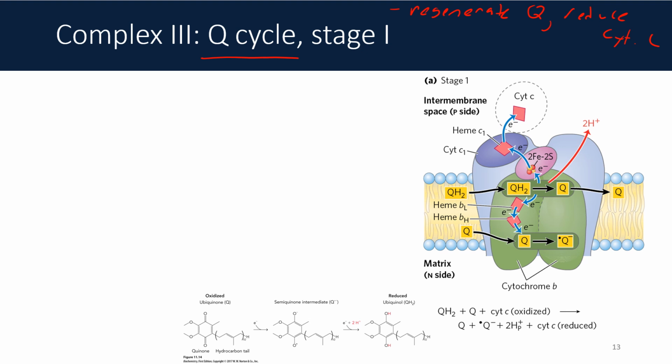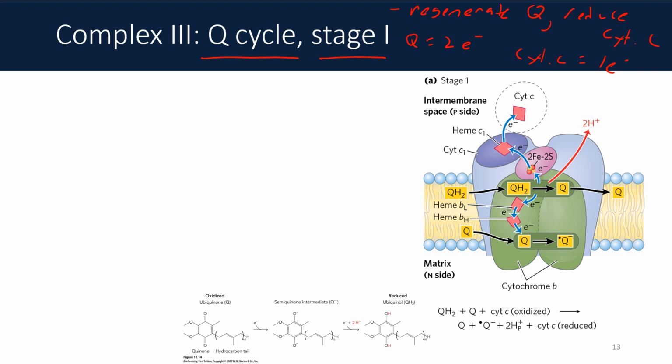The problem is that Q is a 2-electron carrier, whereas cytochrome C is a 1-electron carrier. So this requires complex 3 to organize this complicated conversion in a series of 10 reactions, which we're going to outline below. Stage 1 will be the first 5, and then in the next slide, you'll see the next 5.